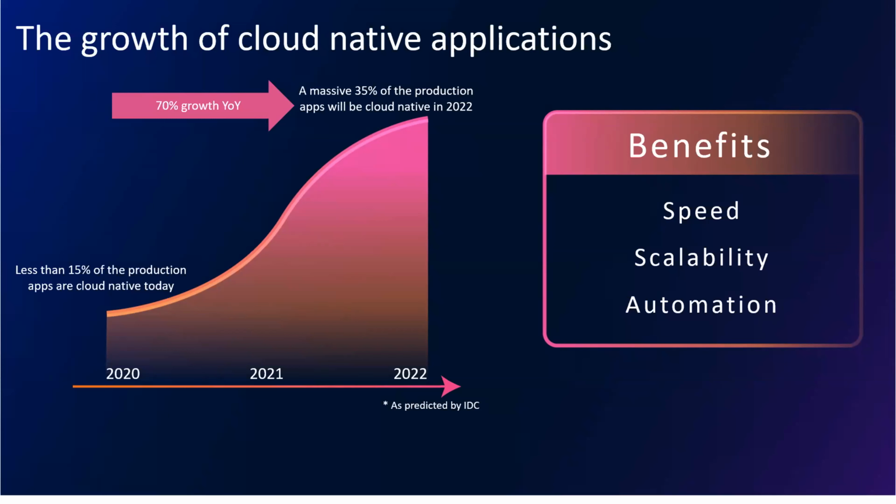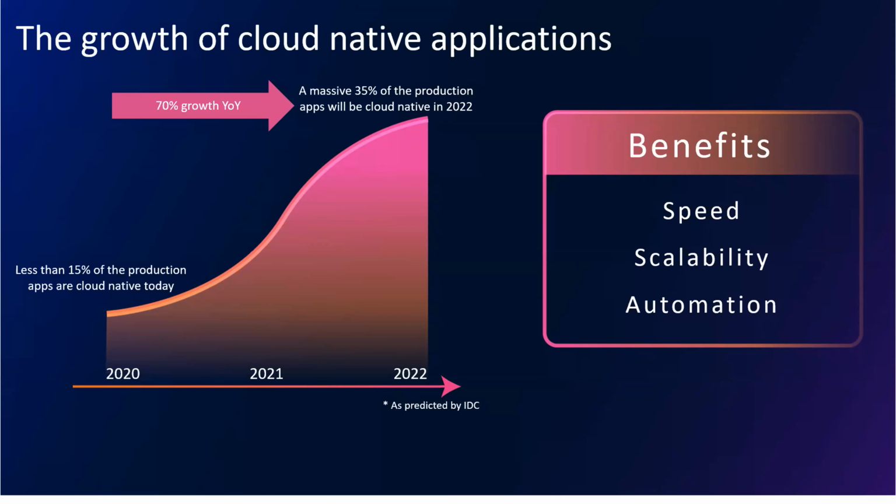So that's the cloud native application. Now, if you notice, there is massive growth happening between now and 2022 in terms of cloud native applications. Less than 15% of production applications are cloud native today, but by 2022, it will be 35%. That's more than double in just two years, and that's like 70% growth year over year.